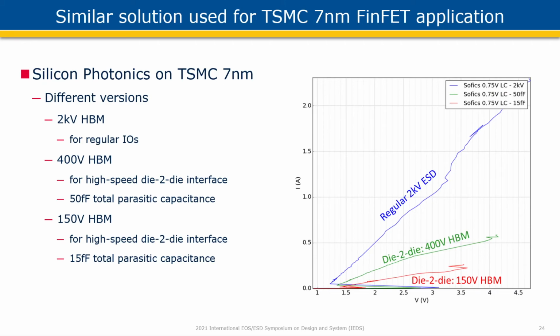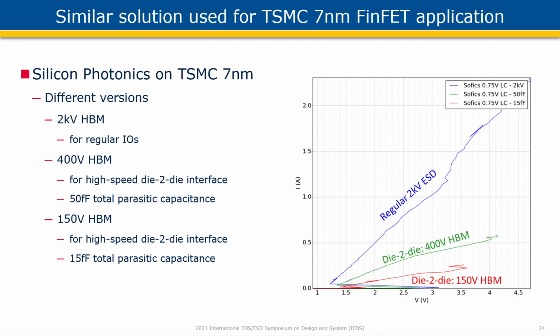The final example we look at is realized in TSMC 7 nanometer FinFET. So this is another silicon photonics project, and here we deliver several clamp versions. The first one is a 2 kV HBM version for regular IOs exposed outside of the assembly.